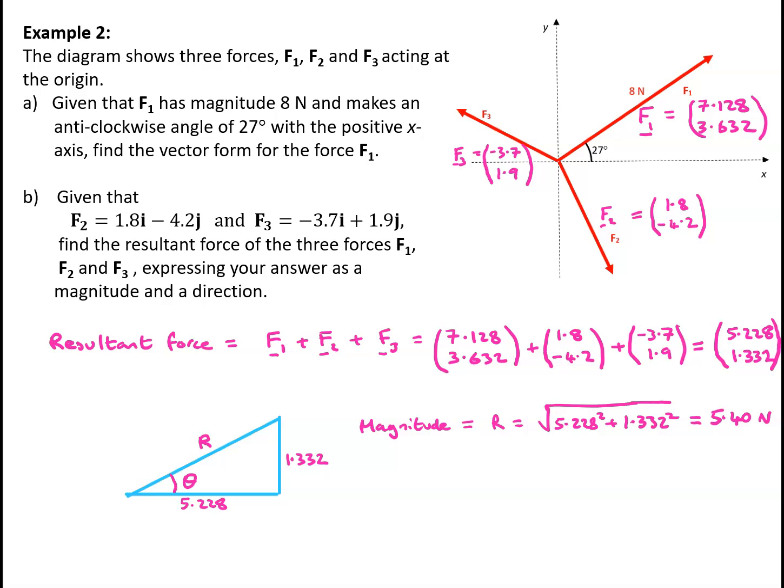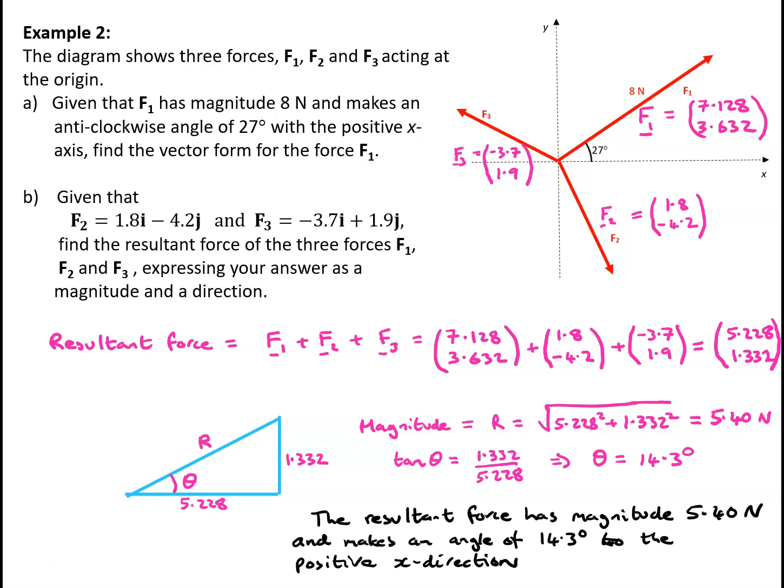We've got tan theta is 1.332 divided by 5.228, so that gives me theta is 14.3 degrees. So the resultant force has a magnitude of 5.4 newtons and makes an angle of 14.3 degrees to the positive x direction.